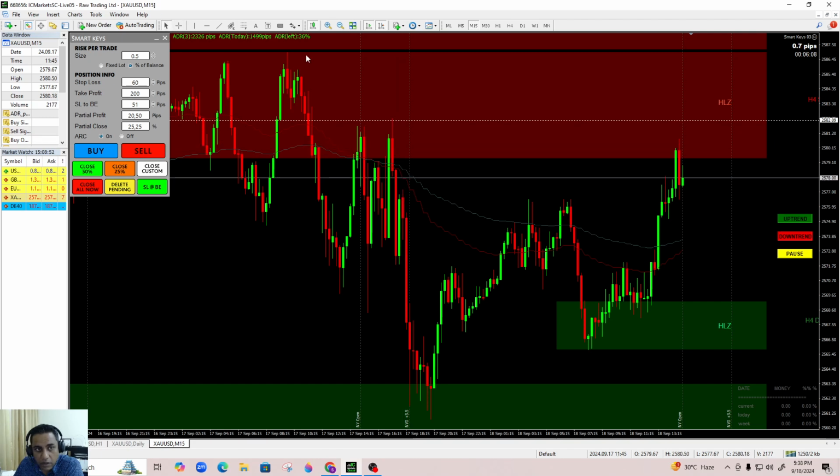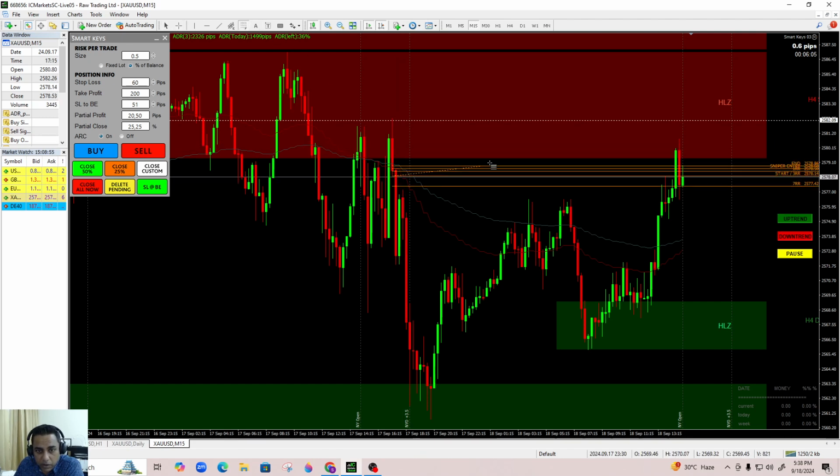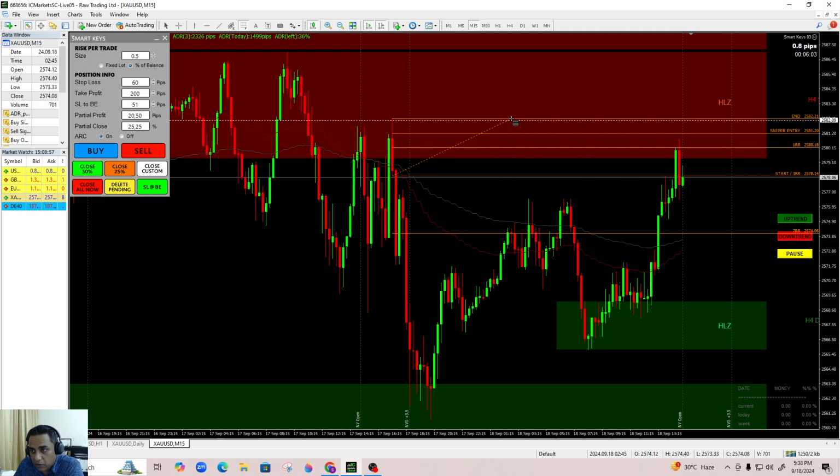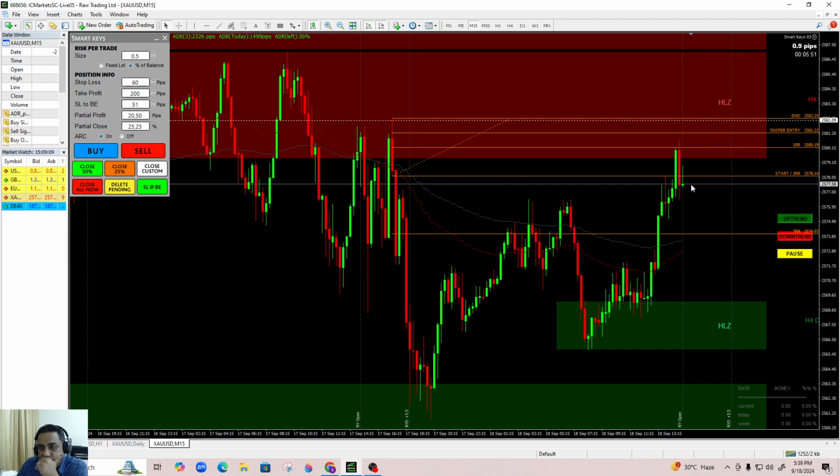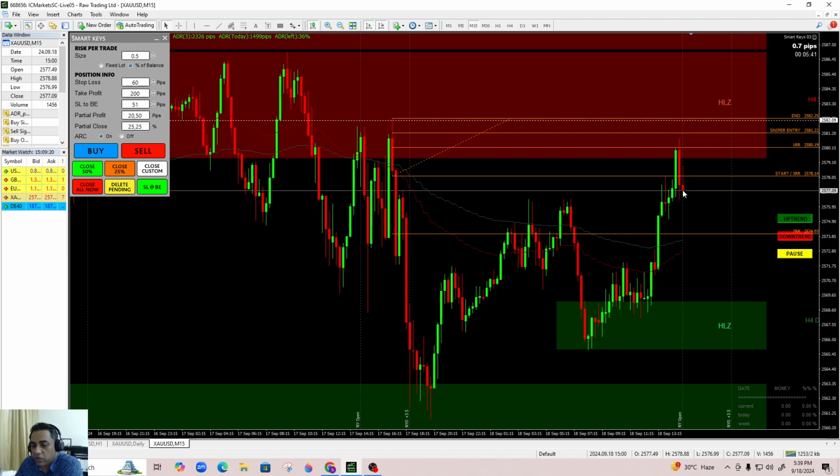Yeah, this candle right here. I want to see how far price came up to it. Let's wait for this M15 candle to close. I want to see where it's going to close.